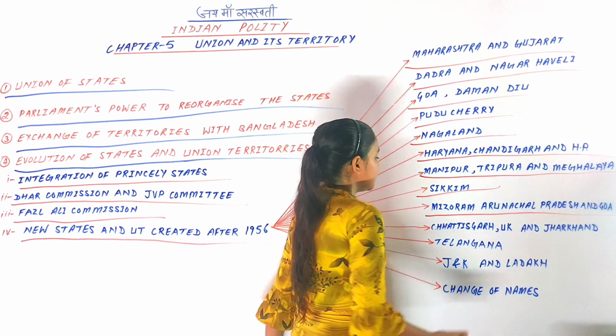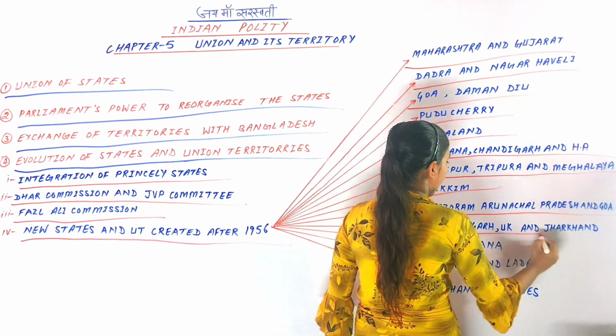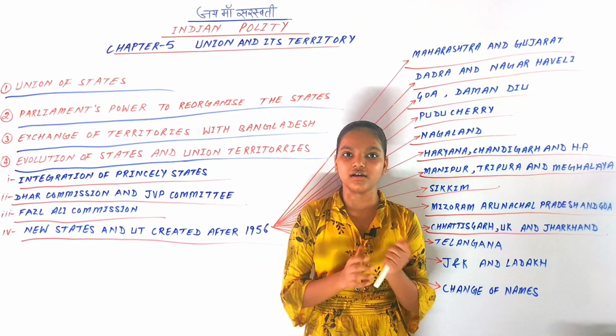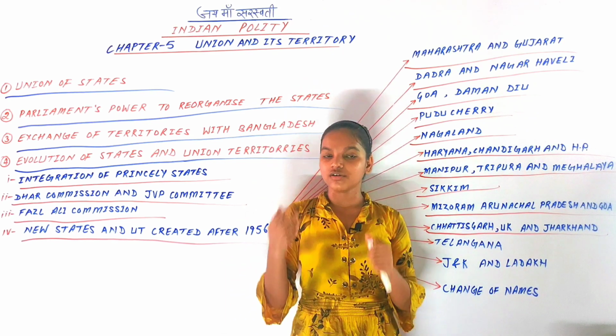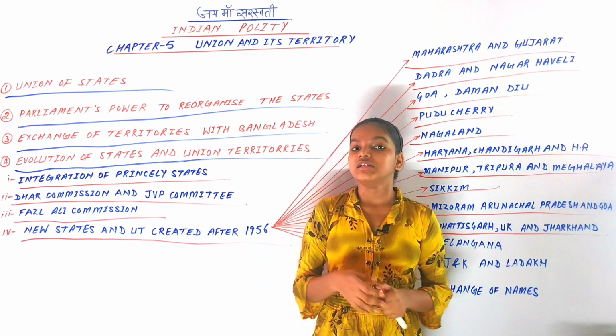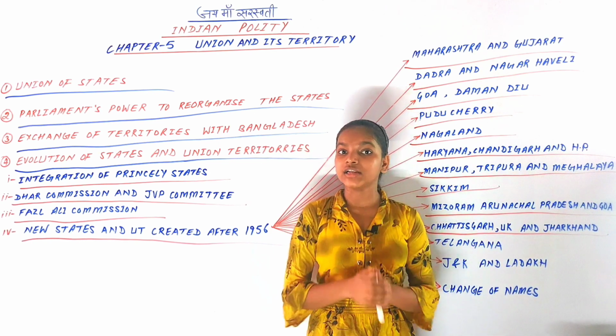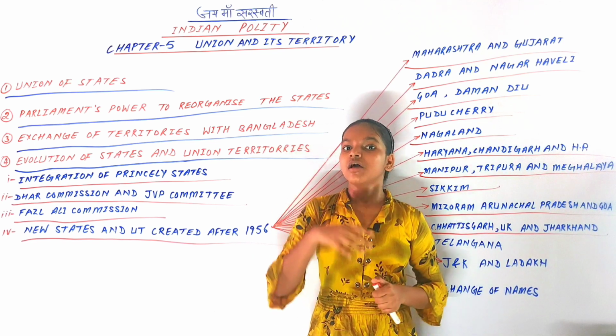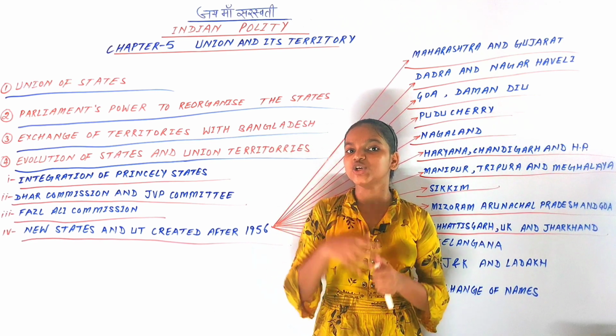So next is Chhattisgarh, Uttarakhand and Jharkhand. In 2000, Chhattisgarh, Uttarakhand and Jharkhand were created by separating from the states Madhya Pradesh, Uttar Pradesh and Bihar.